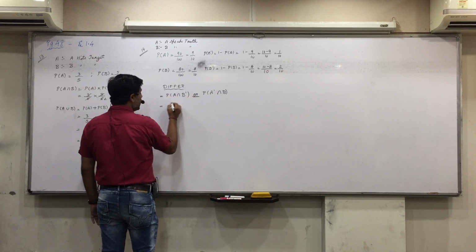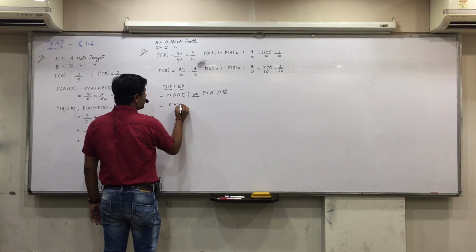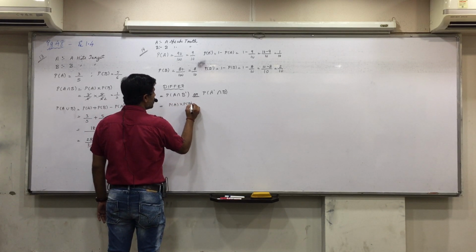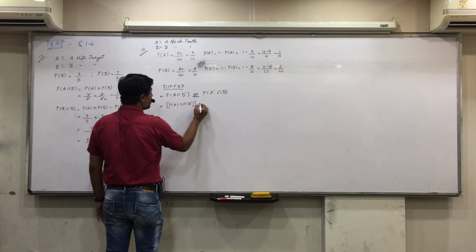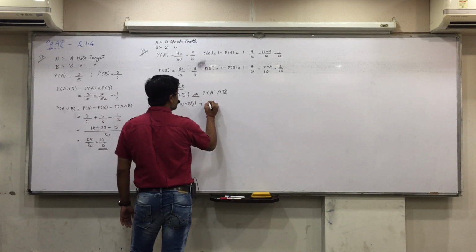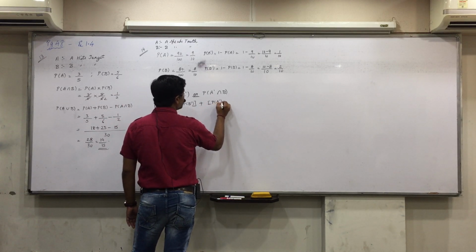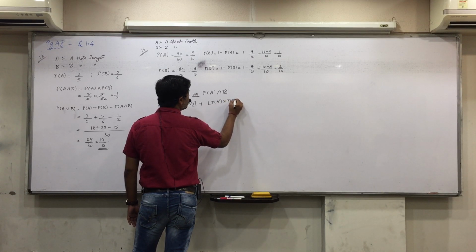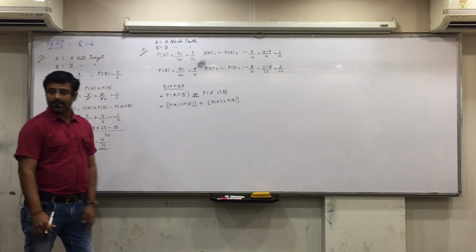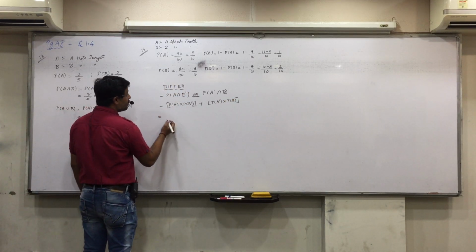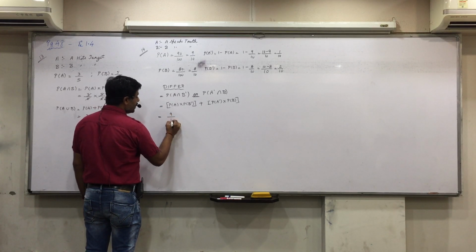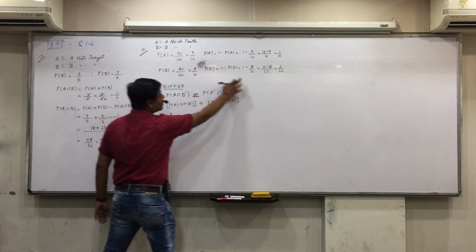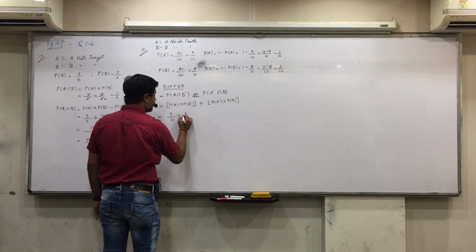Now, what is P(A intersection B not)? P(A) into P(B not). Or means P(A not) into P(B), P(A not intersection B). What is P(A)? 9 by 10. P(B not)? 2 by 10.